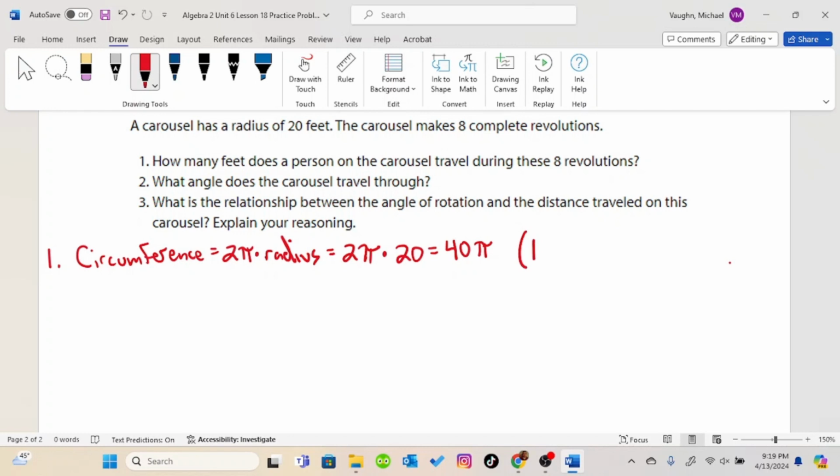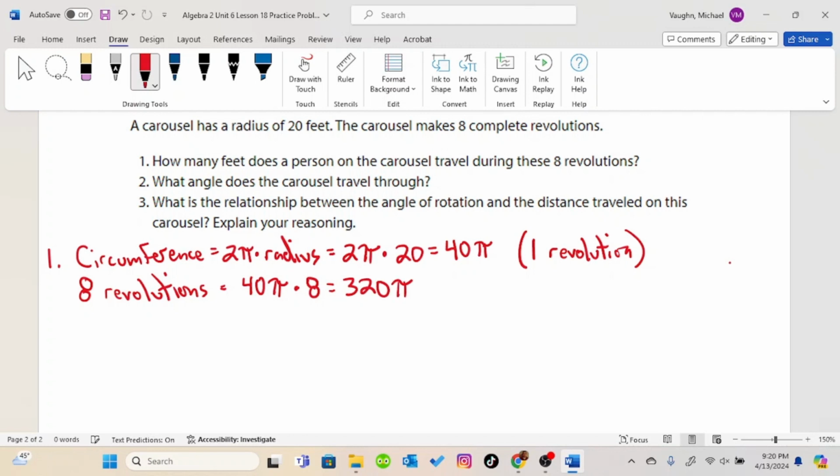This is 1 revolution. If I want 8 revolutions, that's going to be 40 pi for 1 revolution times 8 revolutions equals 320 pi, and this is measured in feet.